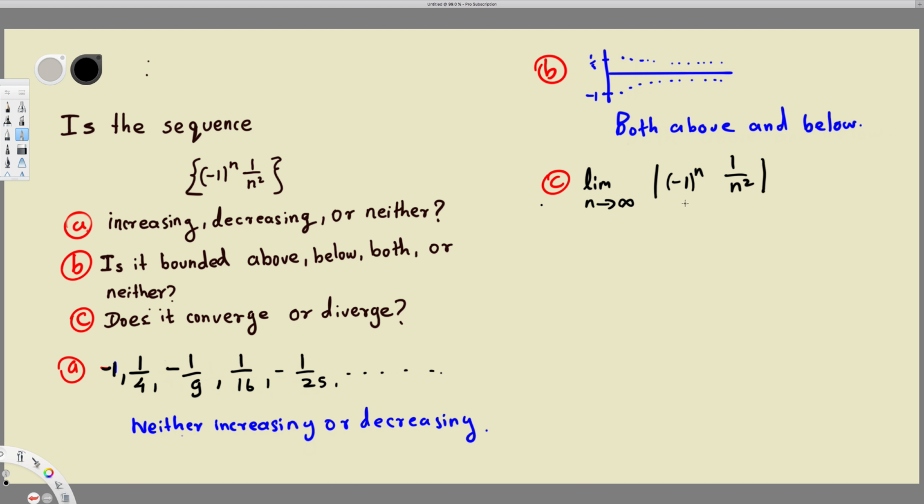When we use the absolute value, the (-1)^n will be eliminated because it's always going to be 1, right? So we will only have the limit as n approaches infinity of 1/n². And if we apply infinity for n, that will give us 0, because 1 over infinity is going to be 0. So this is going to be 0, therefore this converges, right? So that's going to be the answer for the third question.